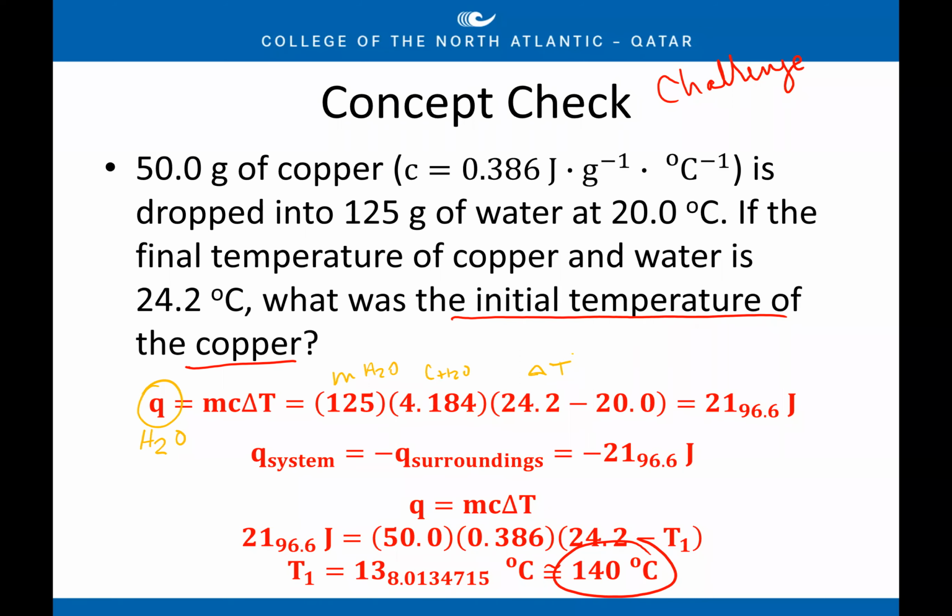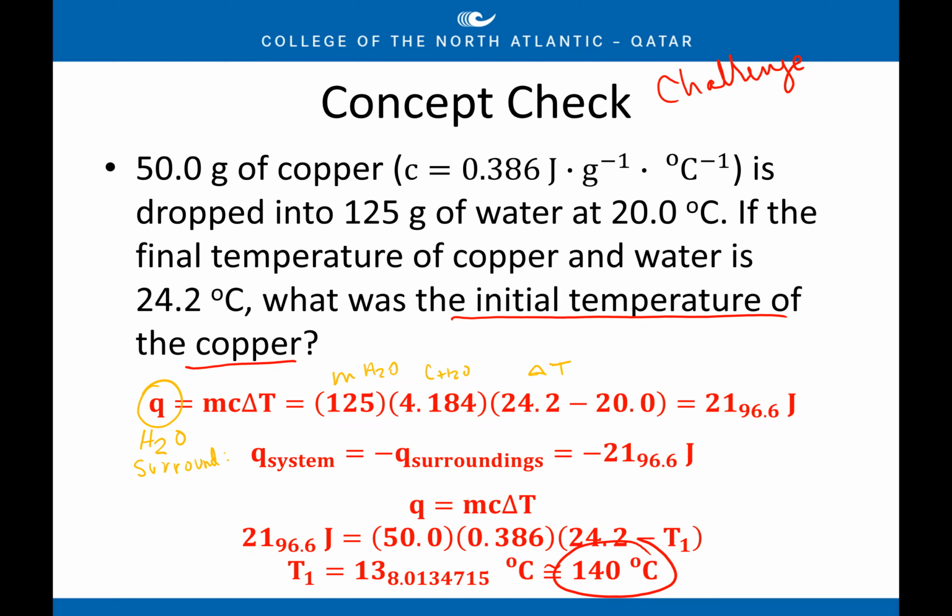Now, the water, very important, is the surroundings. Okay, so Q is MC delta T. Now remember, because this is not a homogeneous solution, this is not a mixture, we do not need to add the masses together. The water is separate from the copper. They do not mix.